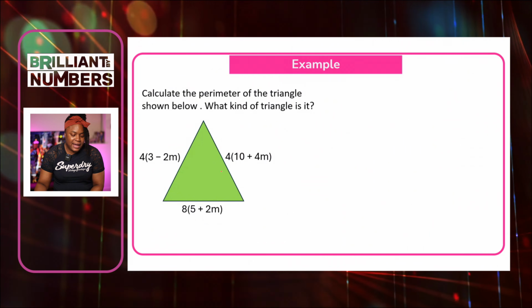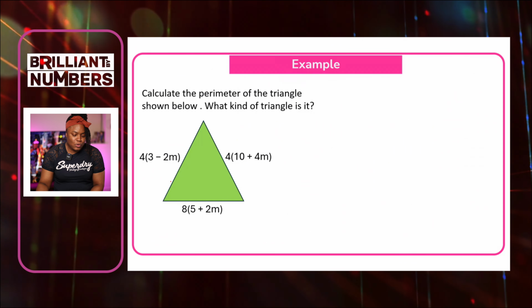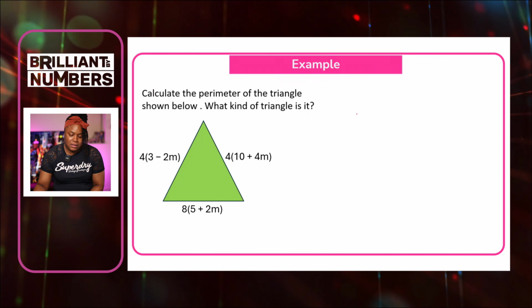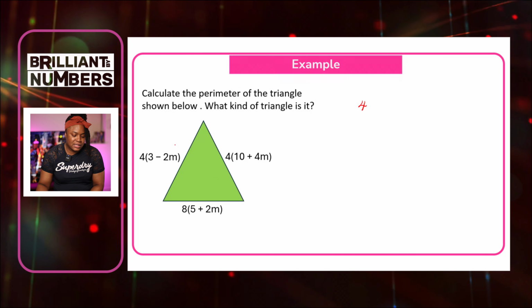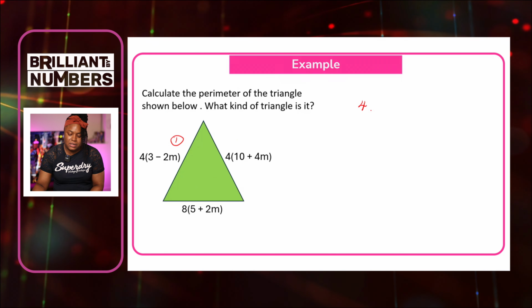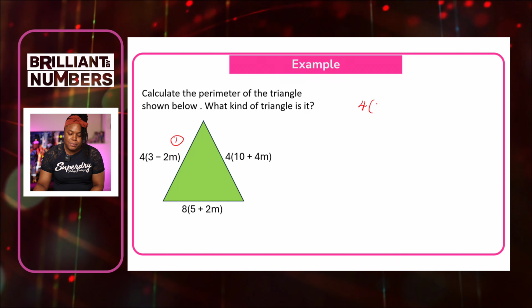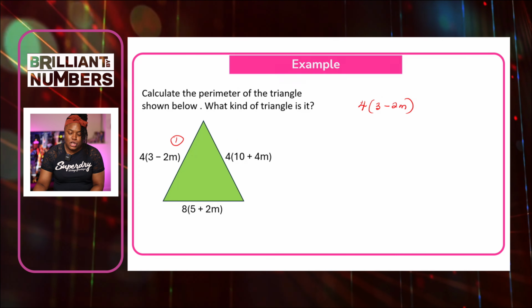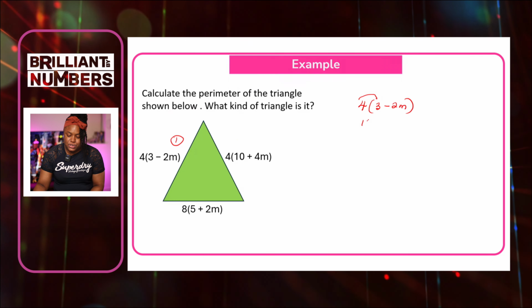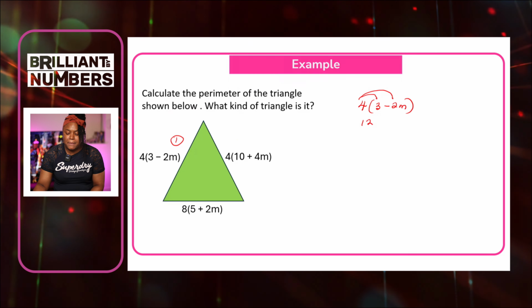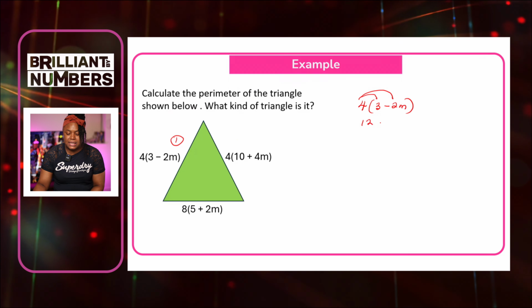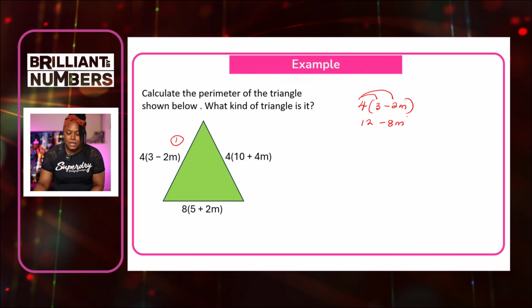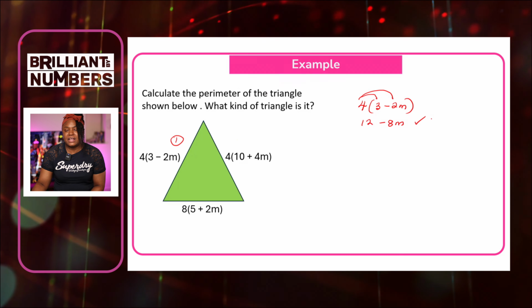So I'm going to go ahead and work out what is the expression for the first side. So I'm just going to call this side 1. So it's 4 bracket 3 minus 2m. So let's expand. 4 times 3 gives me 12, and 4 times minus 2m is minus 8m. So that is the length of that side.